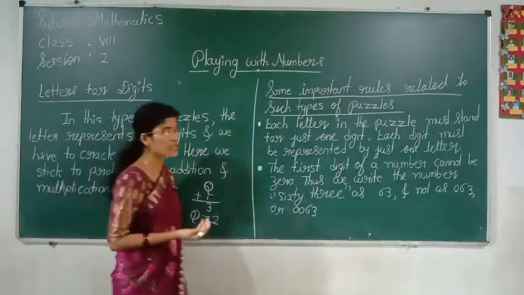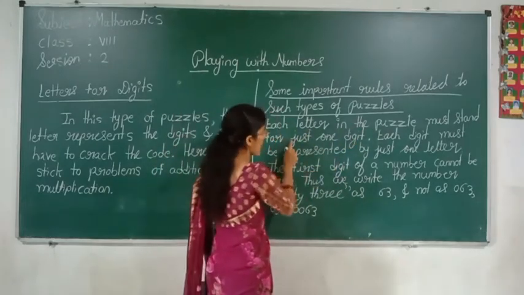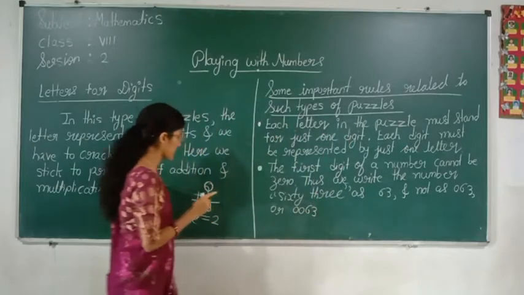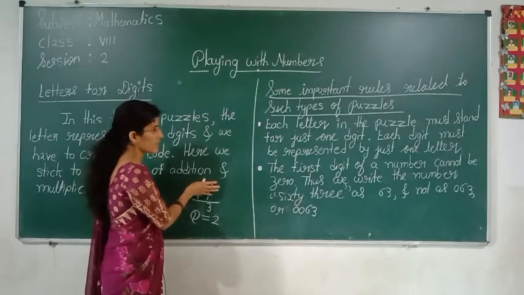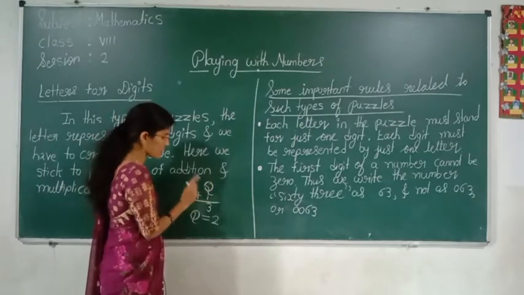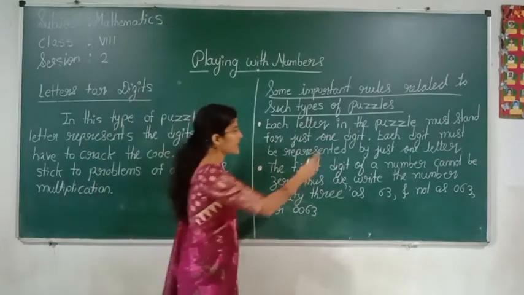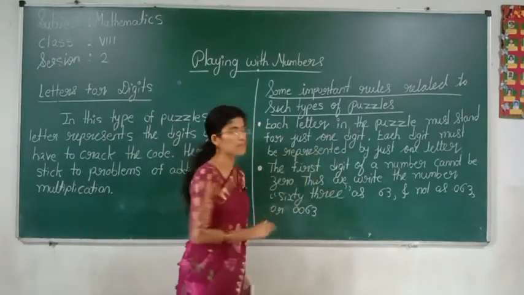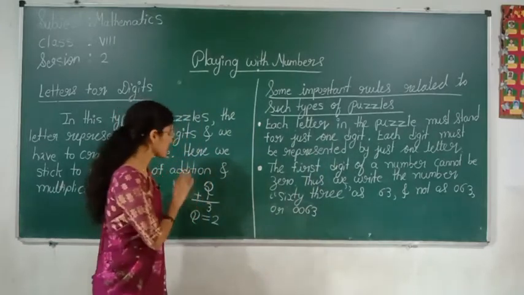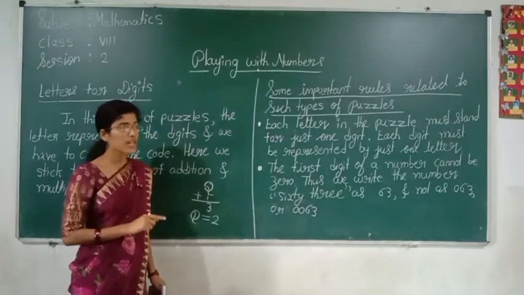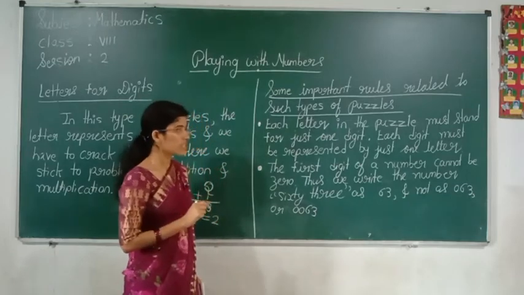Now we are going to see some important rules for this. Each letter in the puzzle must stand for just one digit only, and each digit must be represented by just one letter.